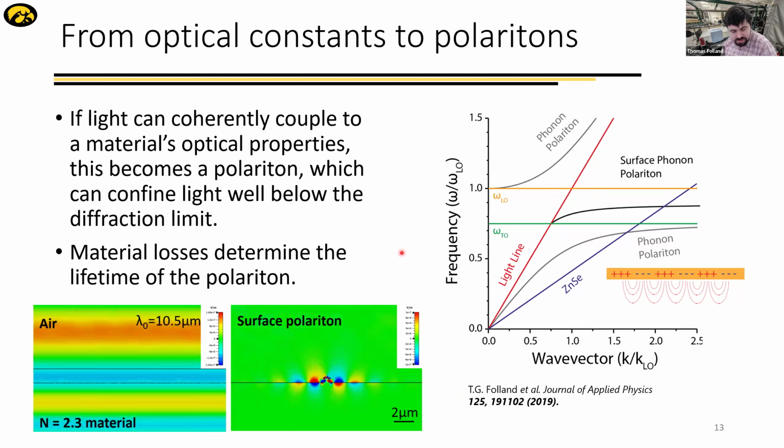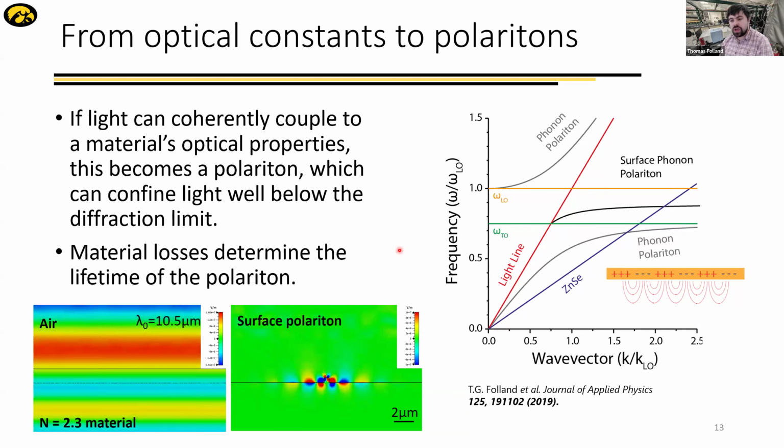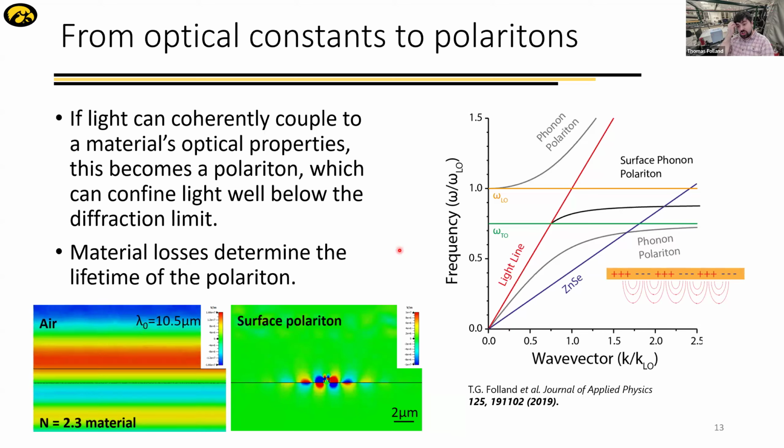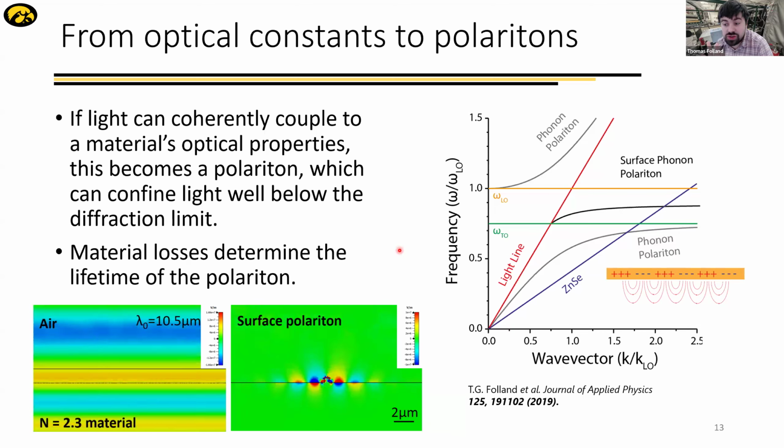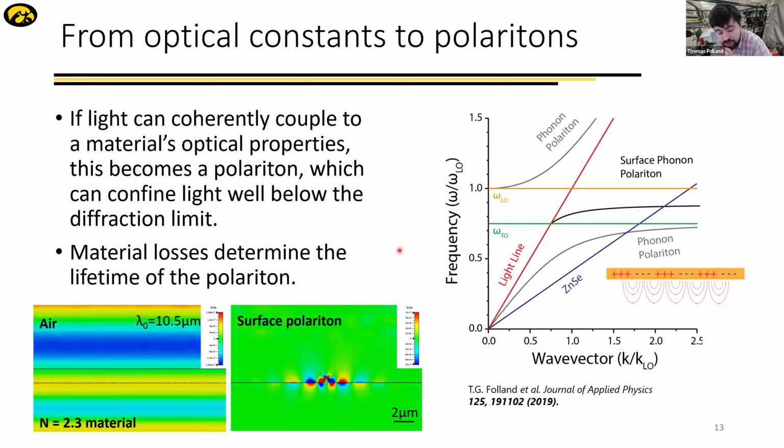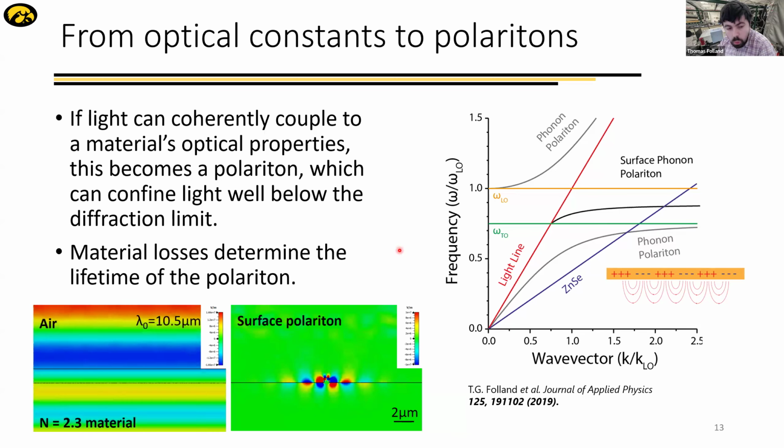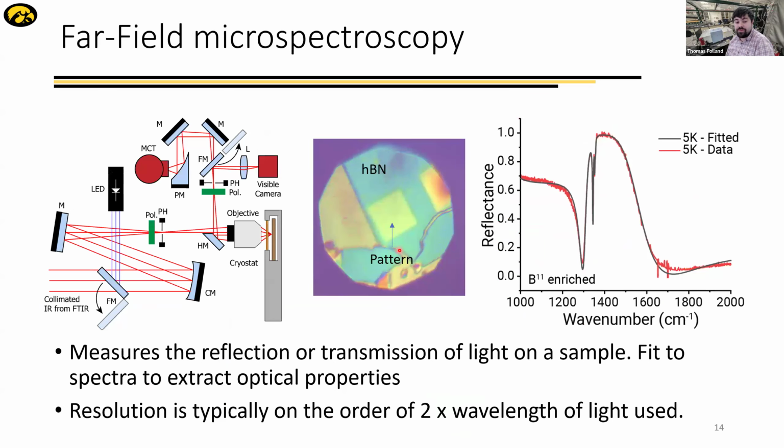Okay, so this is what optical spectroscopy could tell us, and we mainly use 2 techniques when it comes to optical spectroscopy and materials. One of them is far-field microscopy. So this is entirely like your normal optical microscope.